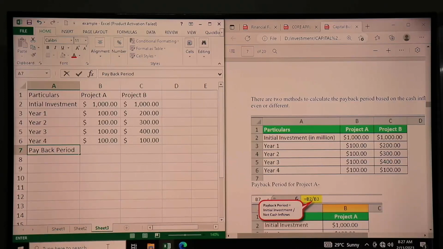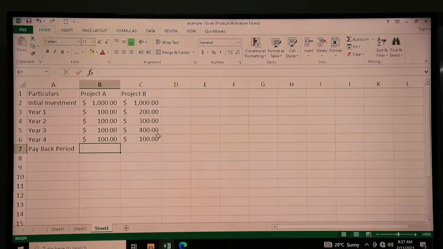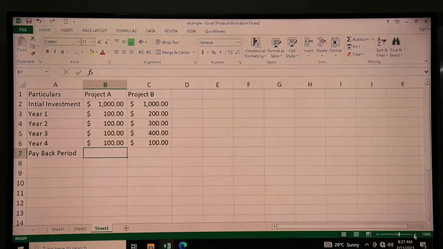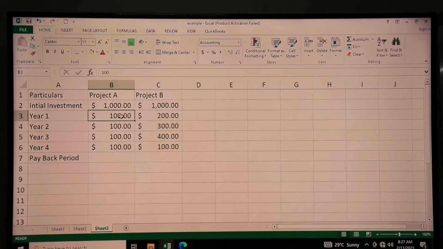So how do you get the payback period? Just do it with a simple formula. If the project is paying $100, then to get the payback period, you use a simple Excel formula.